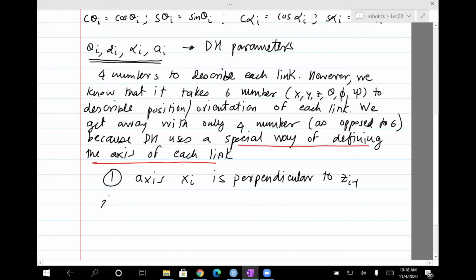And then the second thing which DH does is it assumes that x i is intersecting z i minus 1. Okay, so that's the other thing. So it's two constraints sort of, which reduces 6 numbers to 4 numbers and helps us to describe the manipulator kinematics.